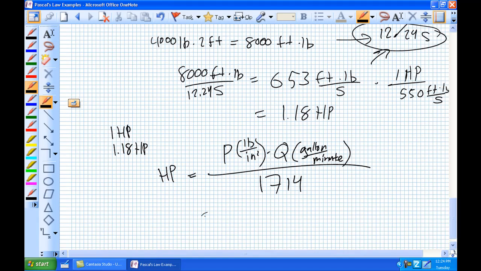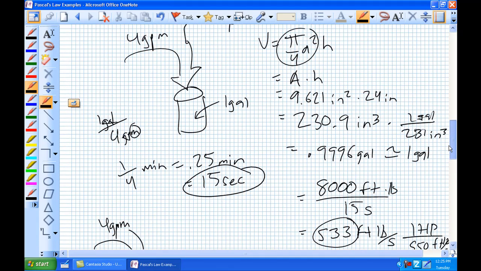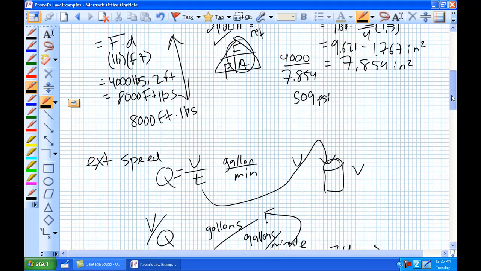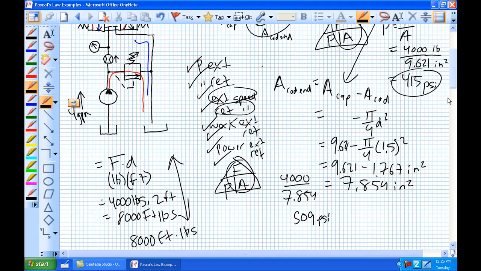So let's take, for example, our extension. Well, we're always fixed at our 4 gallon per minute flow rate. What was our extension pressure? Where is it here? Extension pressure, 415 psi.